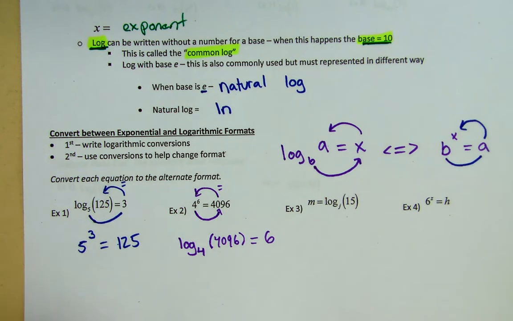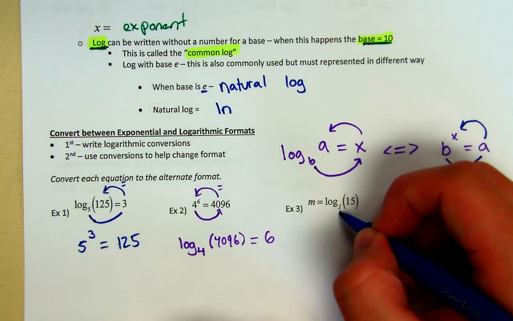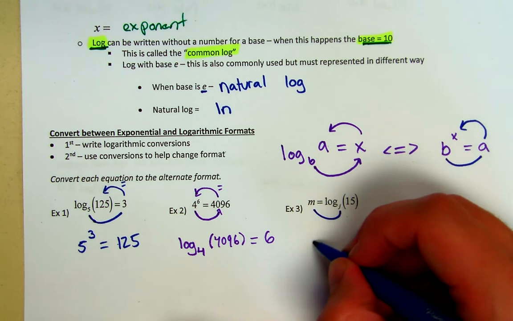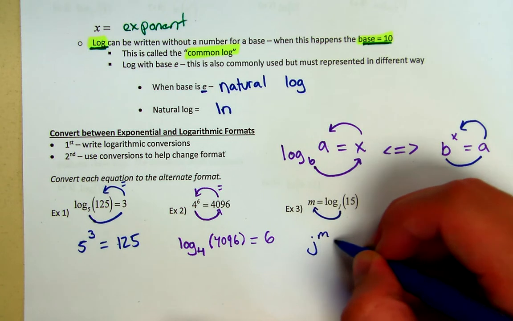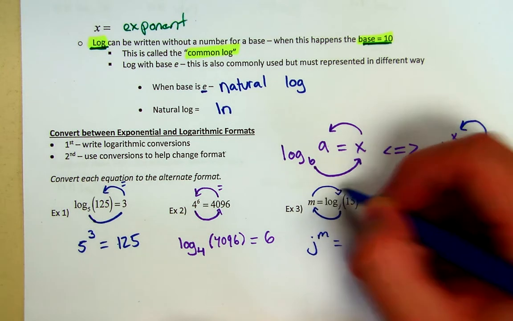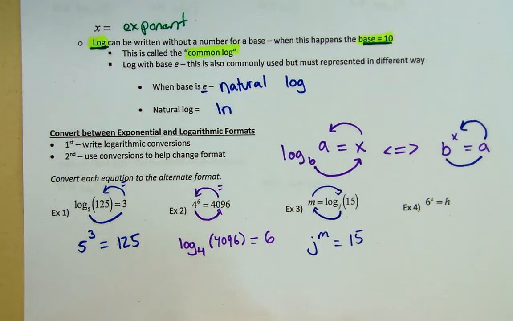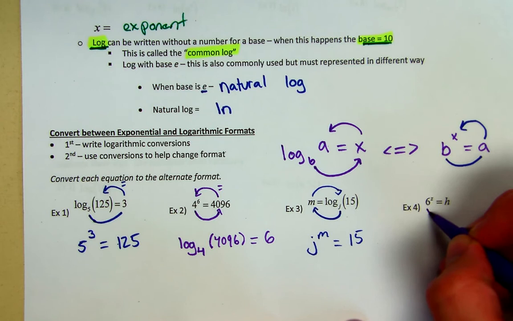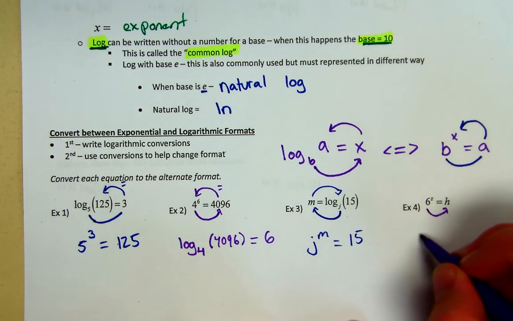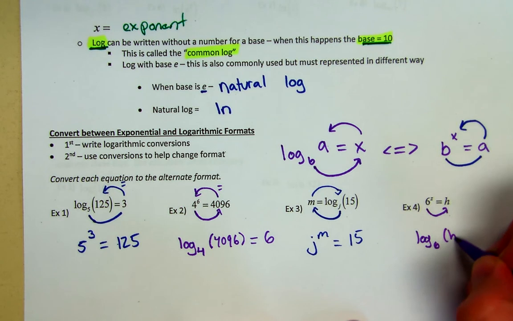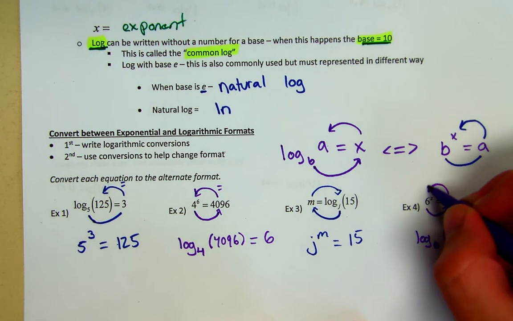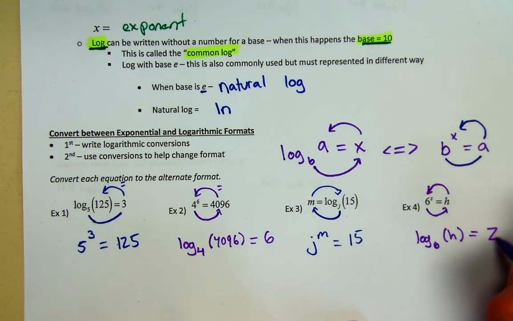So I'm going to go ahead and do them. The base j to some exponent m is equal to 15. And again, converting here, we have our base. So log base j of 15 is equal to m.